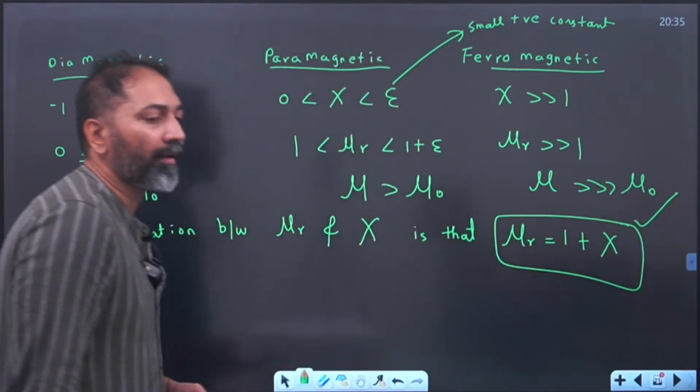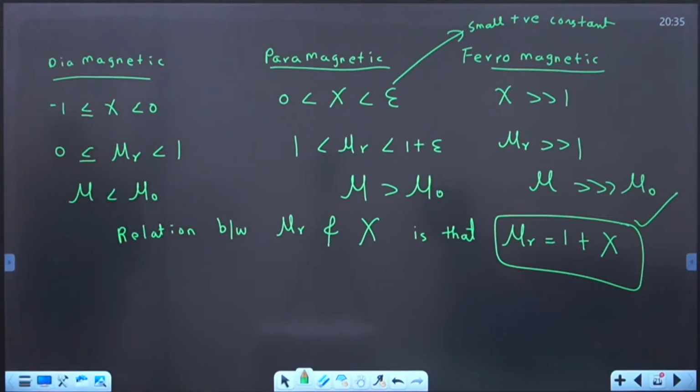What is the relation? Mu r equals 1 plus chi. Any doubts?